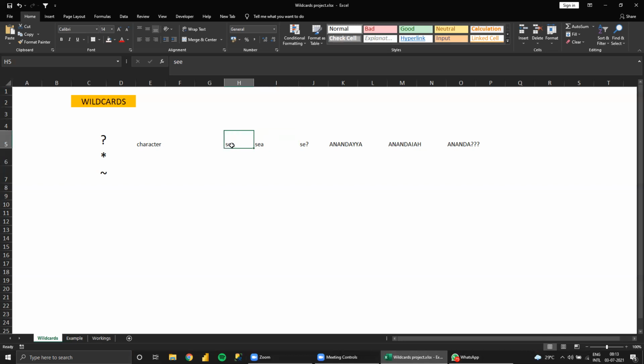The spelling is different here, but both should be taken into consideration. In that case, wherever the characters are spelled differently, you can give a question mark. That's all. So Excel can read both as correct.